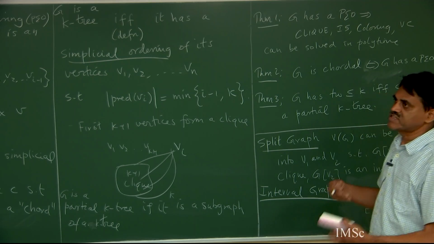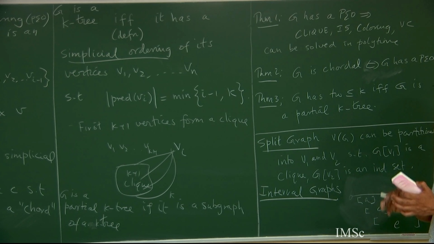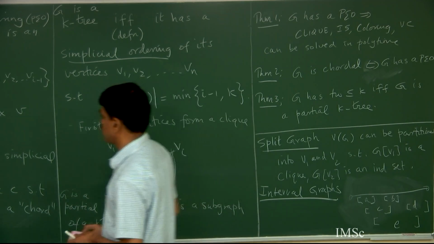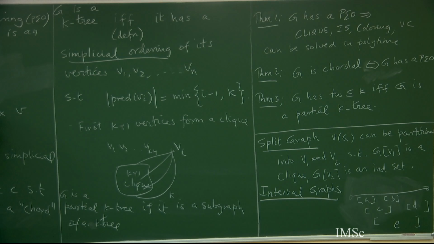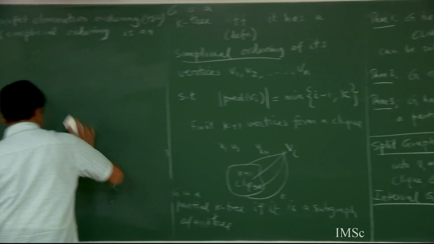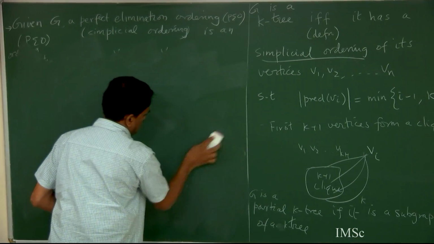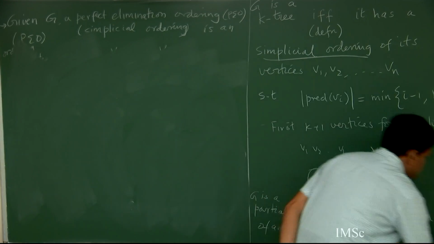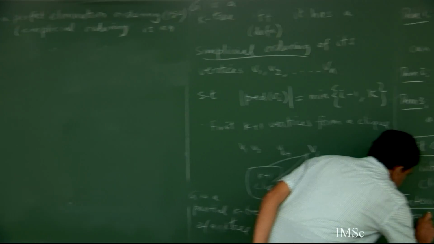It is an intersection graph of a collection of intervals.